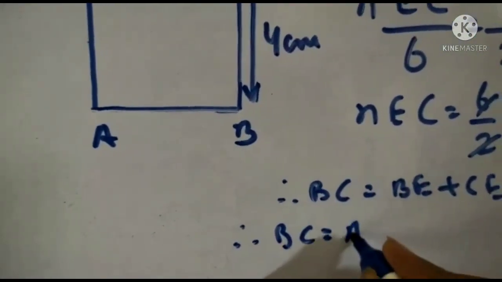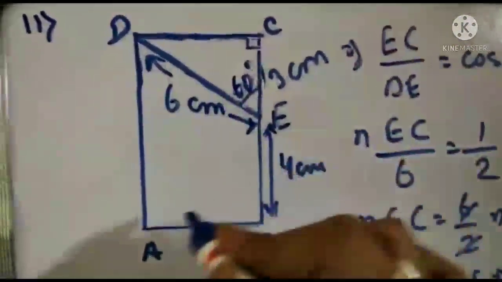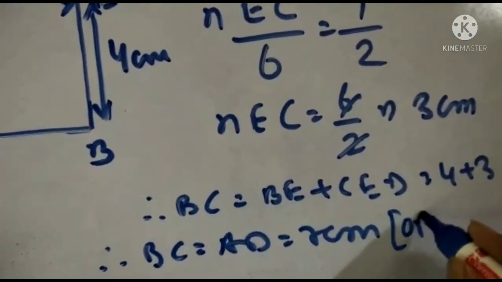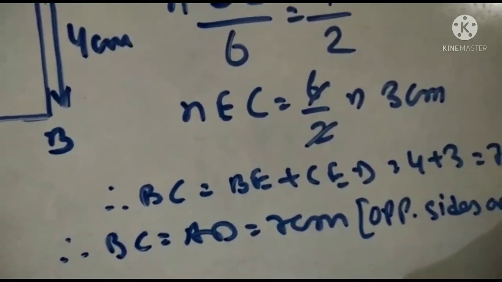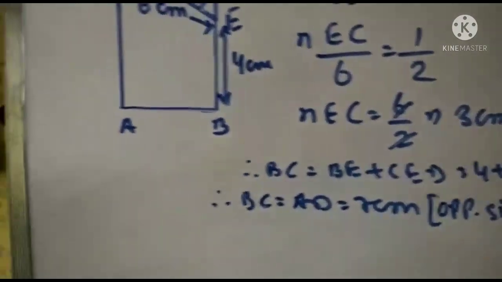BC is equals to AD is equals to 7 centimeter, because it is a rectangle, opposite sides are equal. So we write the reason: opposite sides are equal because it is a rectangle.